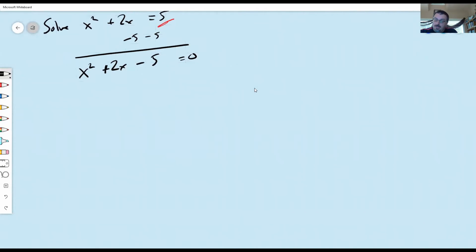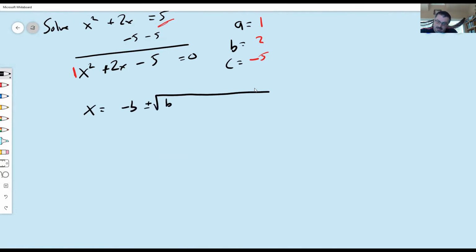And then before I use the quadratic formula, since I have to use a, b, and c, let's make a note. What are a, b, and c? Remember, a and b are before the x's. So for us, a is 1, b is 2, c is minus 5. Our formula: x equals minus b plus or minus the square root of b squared minus 4ac, all over 2a.